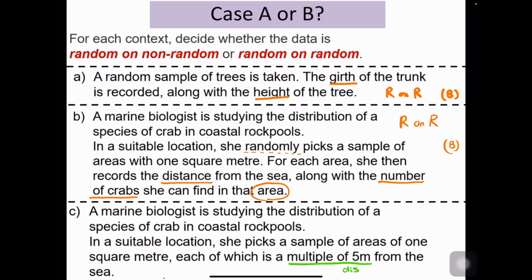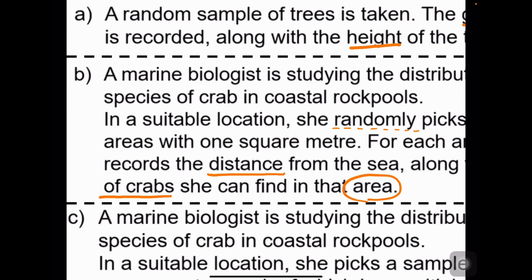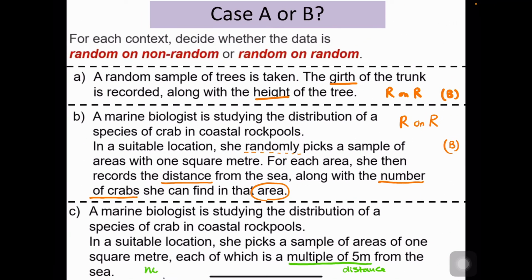So distance is one of the variables, and of course number of crabs is another one. Although they haven't written it, it's clear that this is like an extension of the previous example. So number of crabs and distance are tied together because they are linked with a particular area.